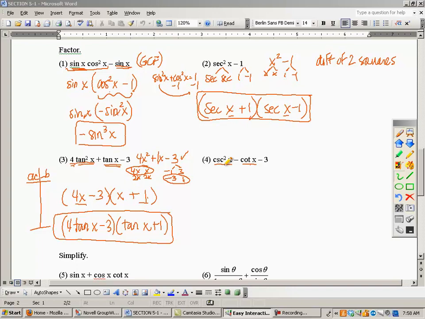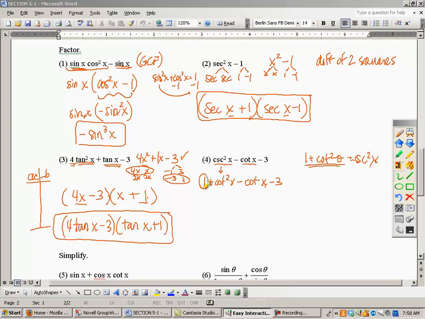The one that has cosecant squared is 1 plus cotangent squared equals cosecant squared. So I'm going to put this in for the cosecant squared: 1 plus cotangent squared minus a cotangent minus 3.